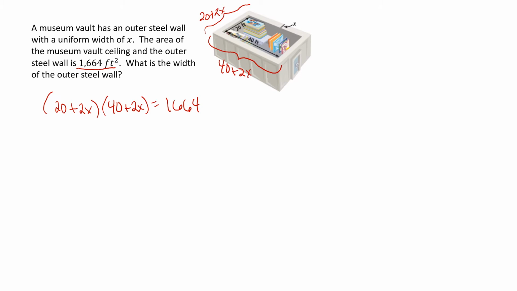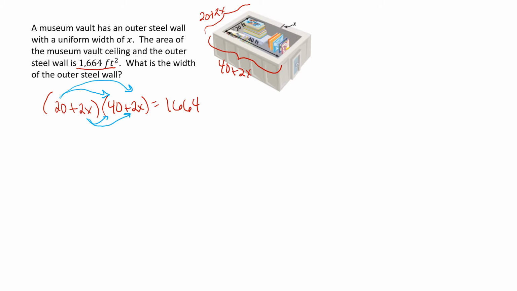Now, the mistake people make here is they see, hey, this is already factored, and so either 20 plus 2x equals 1664 or 40 plus 2x equals 1664. No, remember it has to equal 0. So it is factored right now, but we can't actually use that. We have to multiply this out. So remember, to multiply it out, we're going to take everything here and multiply it to everything over there.